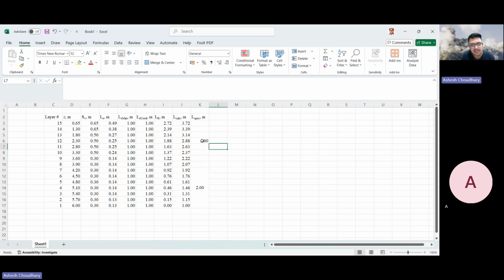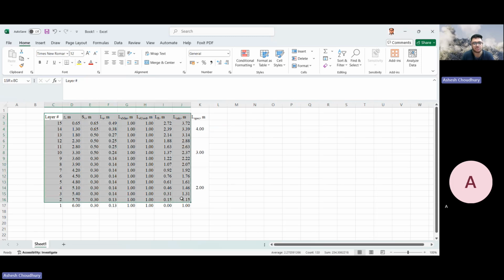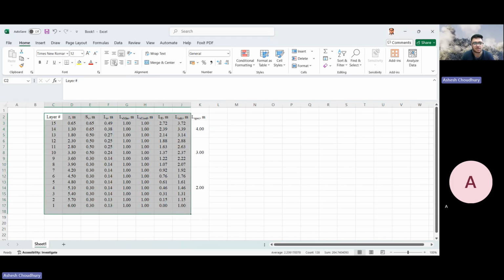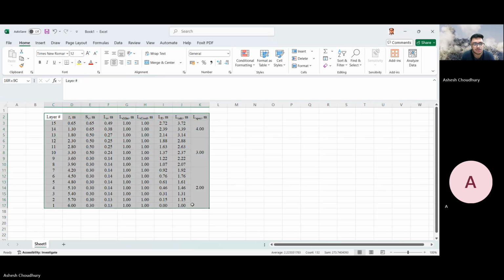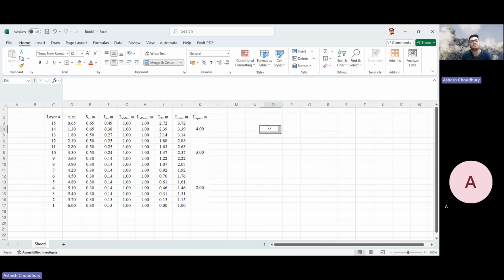It depends upon you, it's completely in your hand. And from here to here I can take 4 meters. It's the designer's choice what value to select.